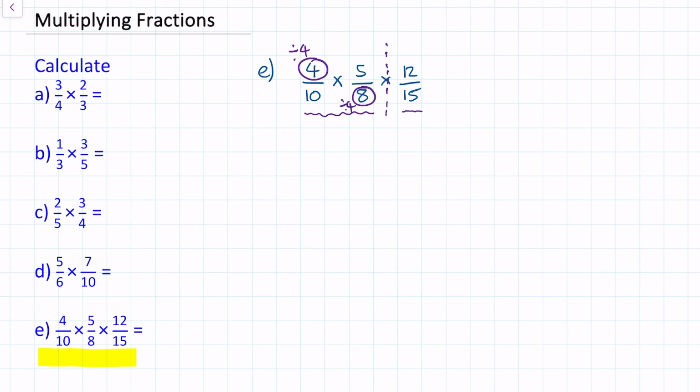And a common factor in the 10 and the 5, we'll divide both by 5. So now we have the 4 divided by 4, which is 1, the 10 divided by 5, which is 2, multiplied by 5 divided by 5 over 8 divided by 4. And this makes 1/4.